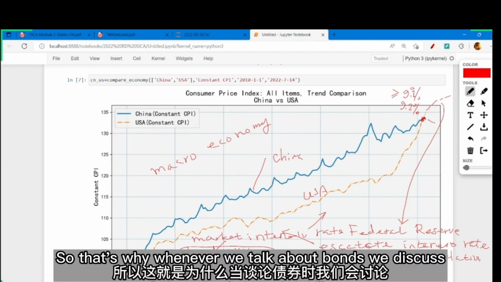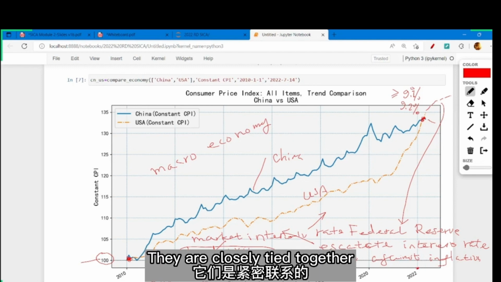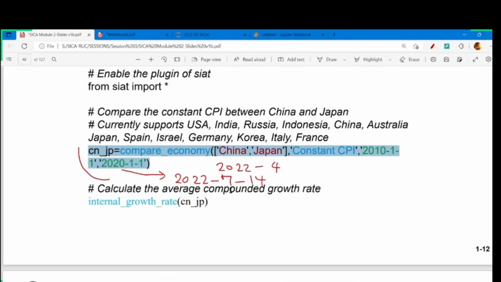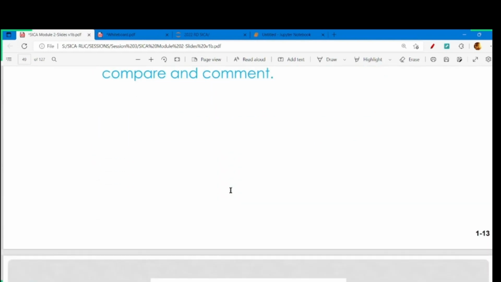So that's why whenever we talk about bonds, we discuss interest rate, we discuss inflations. They are closely tied together. Okay, I think we have done the exercise together.